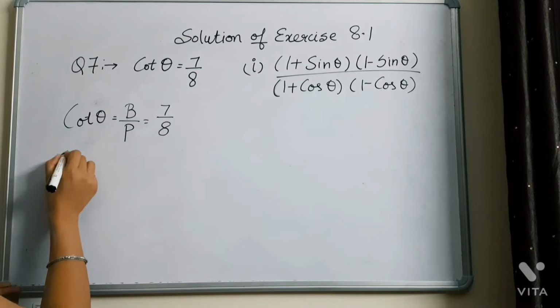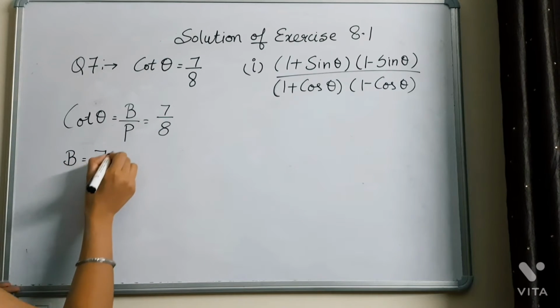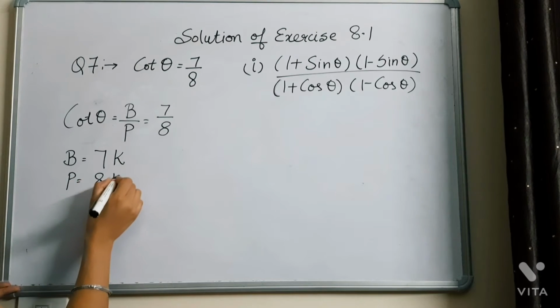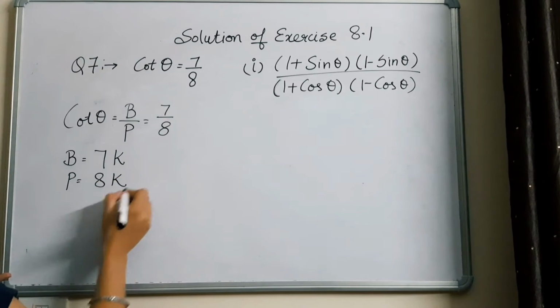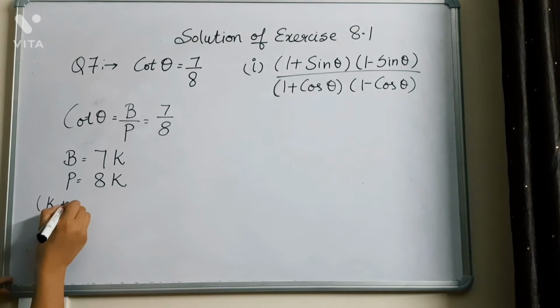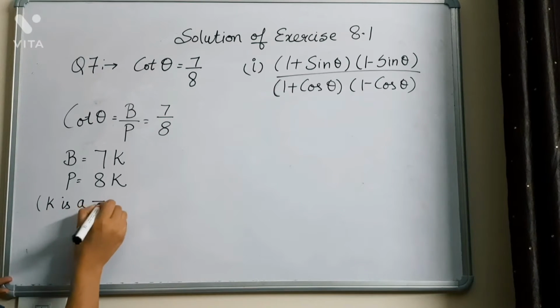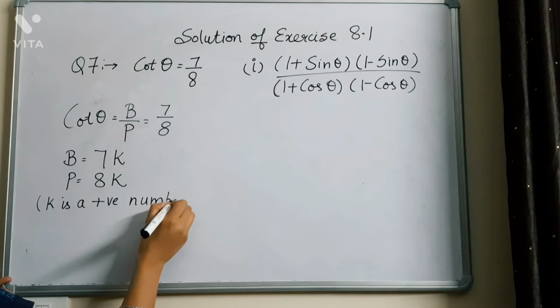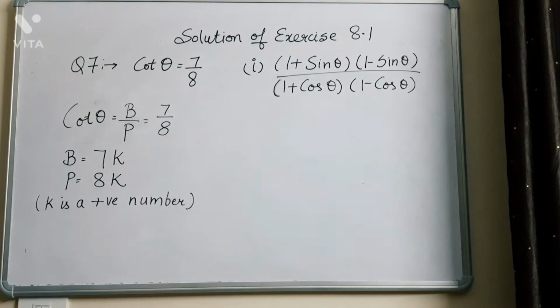You can write that base here can be 7k and perpendicular here can be 8k, where k is a positive number. K cannot be negative, k cannot be 0, k is always a positive number. K is an arbitrary positive number I have taken here.